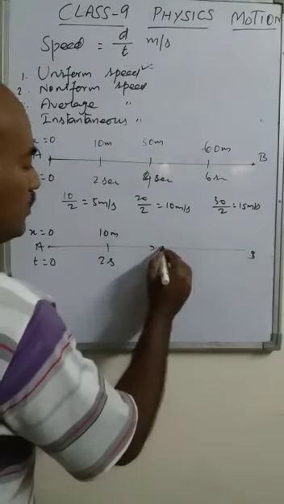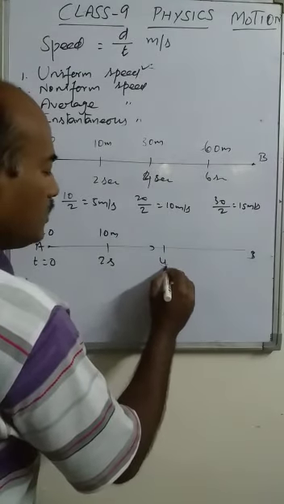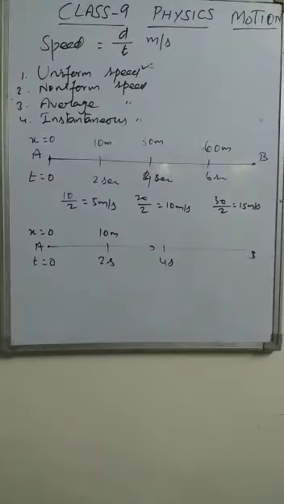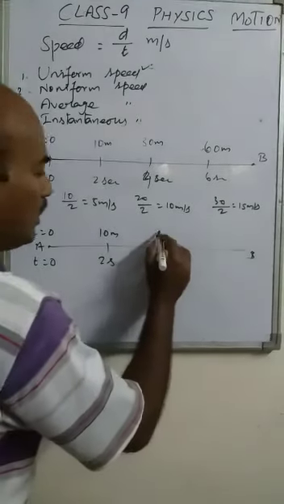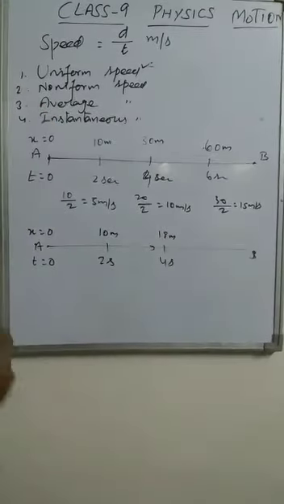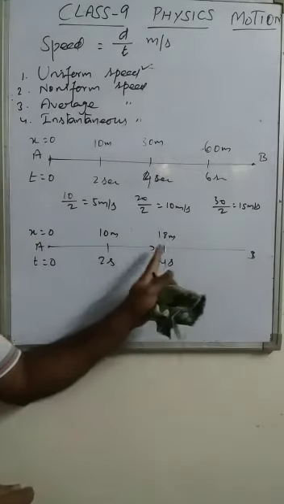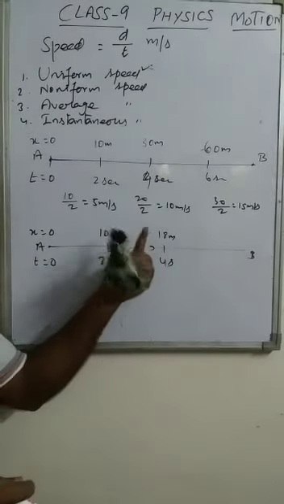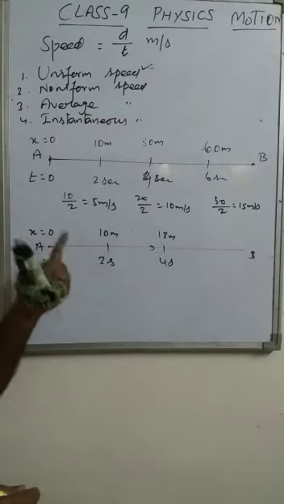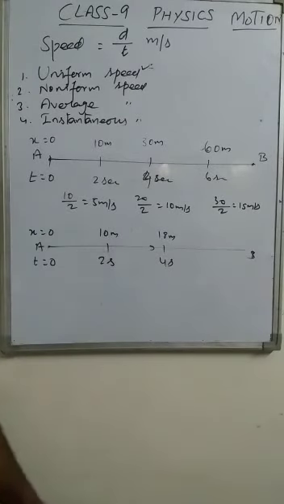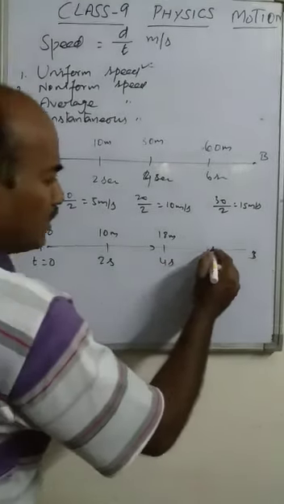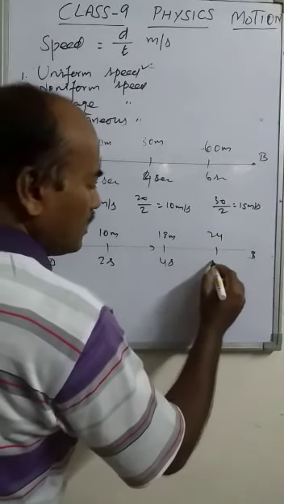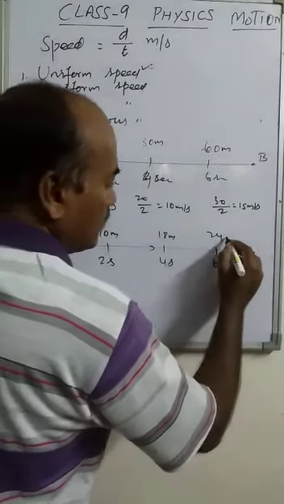Now in the next 2 seconds, that is total 4 seconds, the position goes to 18 meter. So the change in position here is 8. And then it is 24 meter in the 6 seconds.